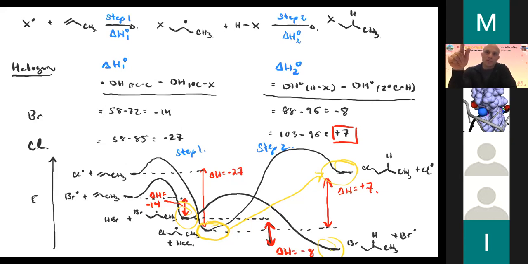Because even though the reaction still might be thermodynamically favored, for the HCl addition, if you're just looking at enthalpies, and let's put the T delta S term aside for a second, it's very favorable. The system would love to get there, but it can't because of that second step.